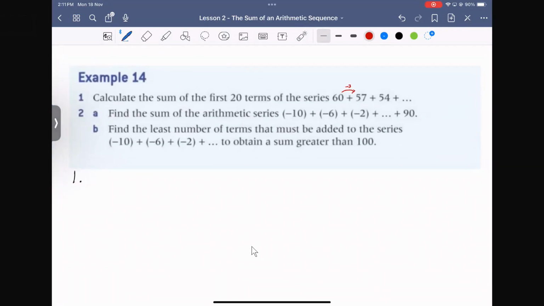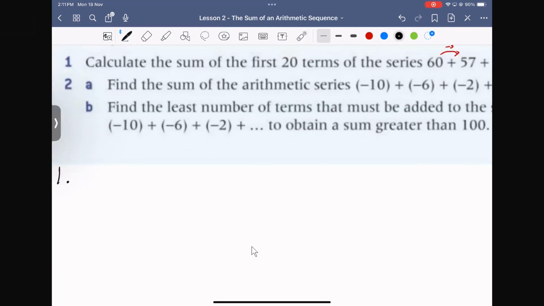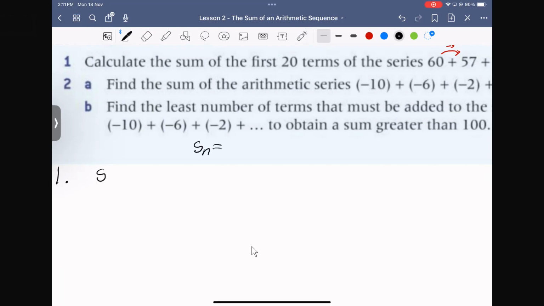Our formula is the sum of, let me just copy the formula down in general terms. The sum S_n is equal to n over 2 times (u1 plus un), which is also n over 2 times (2u1 plus n minus 1 lots of d).